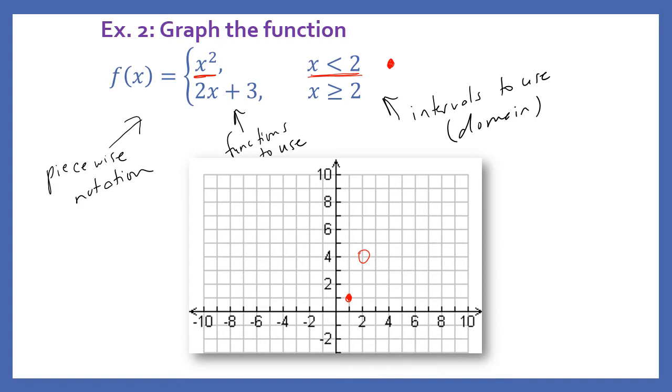Go less than 1 is 0. 0 squared is 0. Negative 1 squared is 1. Again, this is x squared. This is just a normal parabola. (2, 4). And if you really wanted to, (negative 3, 9), and so on. So there's our first piece. And don't forget x and y.